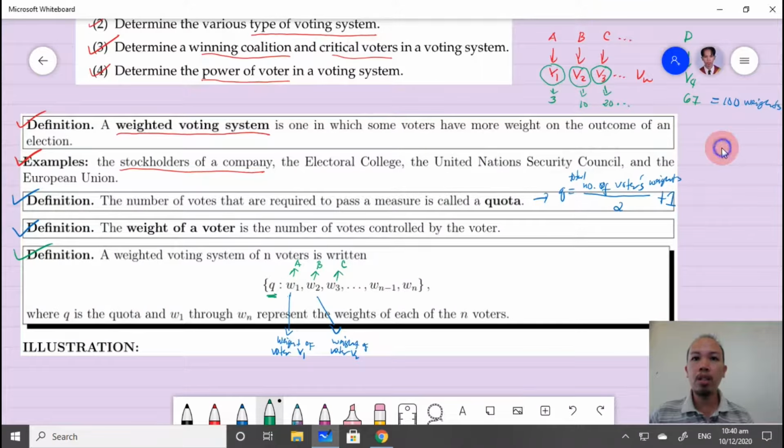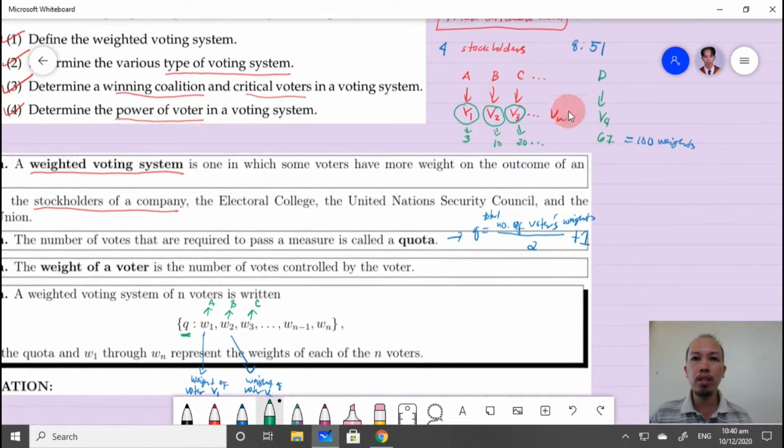So in here, if we want to write this as a weighted voting system, this is the general notation. You can write it this way. Our Q is 51, and then the first voter is A, which has 3 votes, 3 weights, and then we have 10, and then 20, and finally 67.